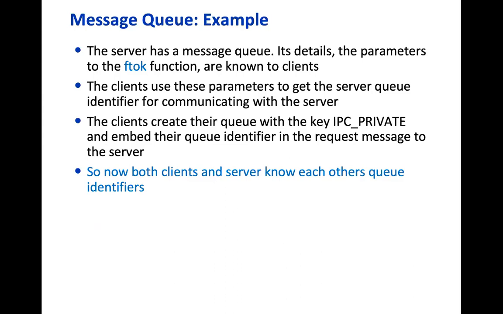And there is a way to communicate this to server. So client creates their queue with some private key. There is another method to create their queue and embed their queue identifier in a request message to server. So now both client and server know each other's queue IDs.